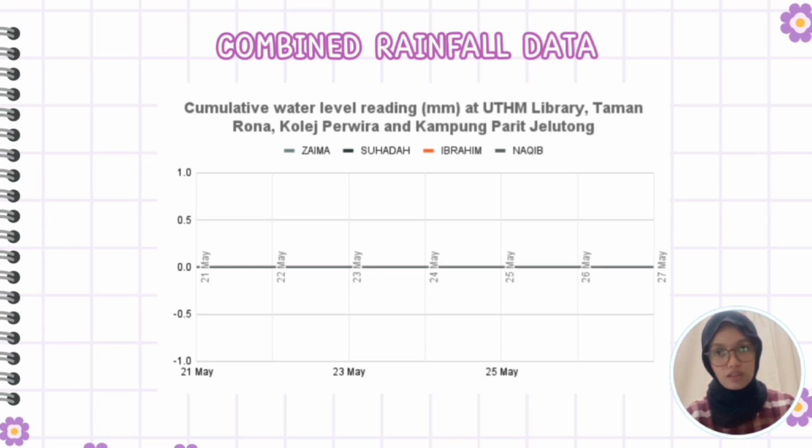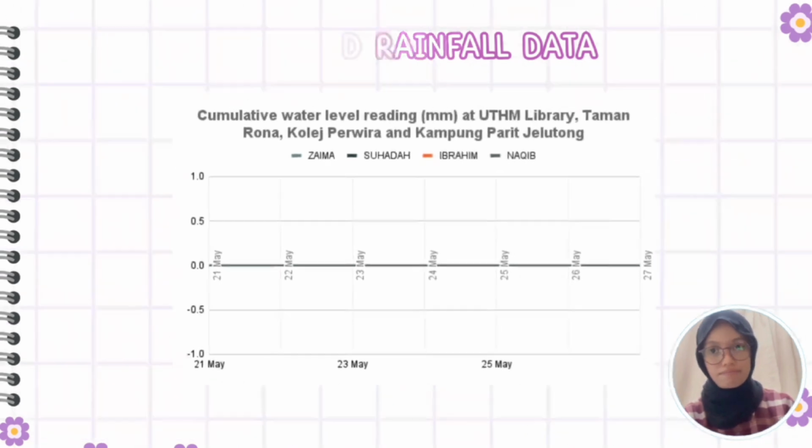As shown in the chart, there was no recorded increase in water levels at any of the 4 locations throughout the entire observation period. The water level readings remained consistently at 0 mm, indicating that no rainfall or flooding events occurred during this time. This suggests a stable and dry weather condition in all monitored areas from 21 May to 27 May.